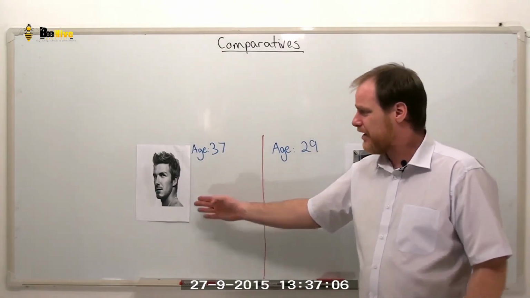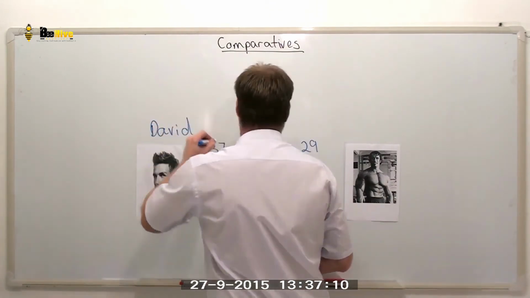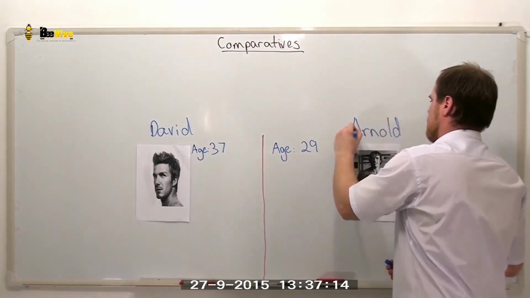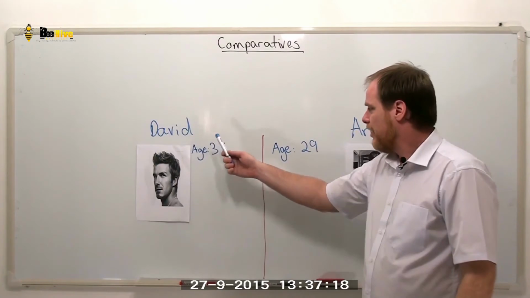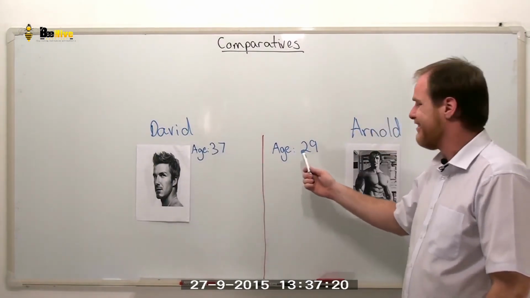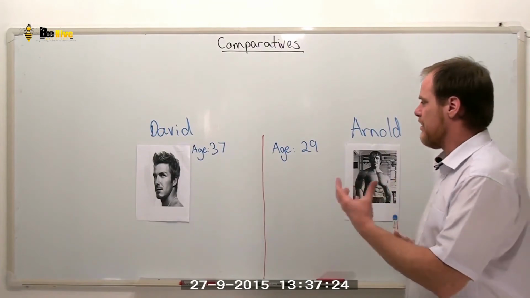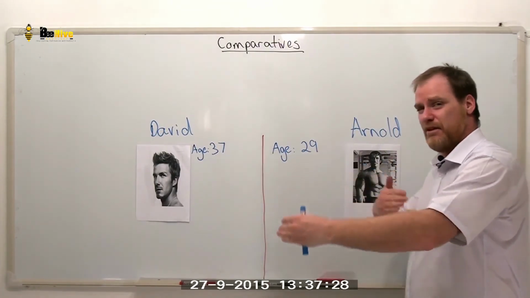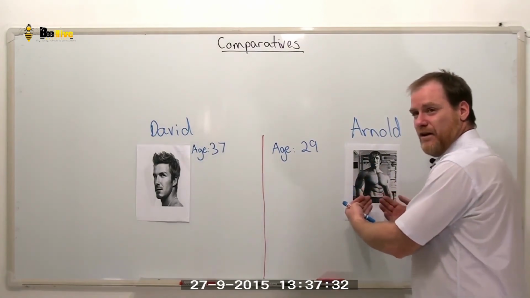Okay? So we would say David, okay, I'll write his name up here for you so you can remember. David. Over here we have Arnold. Okay. So say David is older than Arnold. Okay? David is older than Arnold. But what if we reverse the sentence and we want to talk about Arnold first?